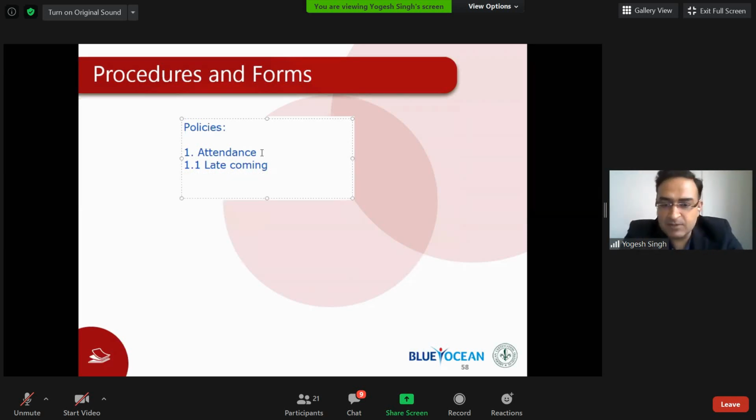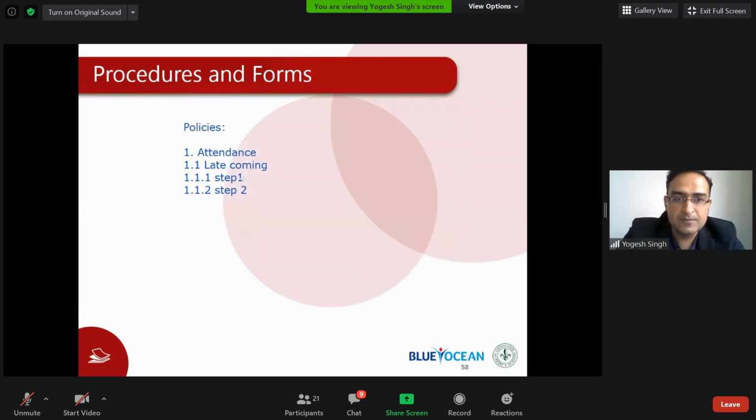Now for late coming, there will be a process, isn't it? Let's say the process will be having multiple steps. So how will we write it? 1.1.1 step 1, 1.1.2 step 2. Let's say step 1 has a form.